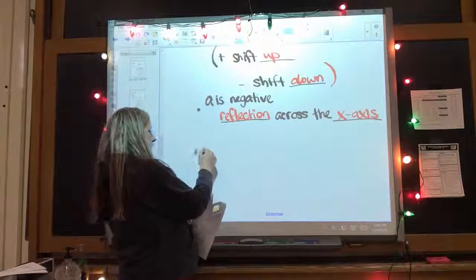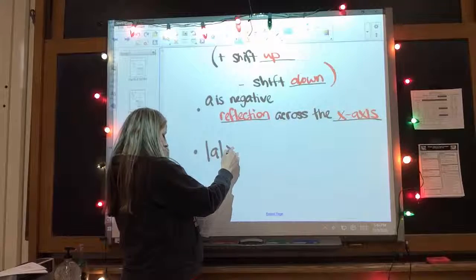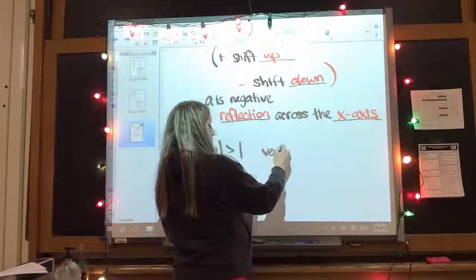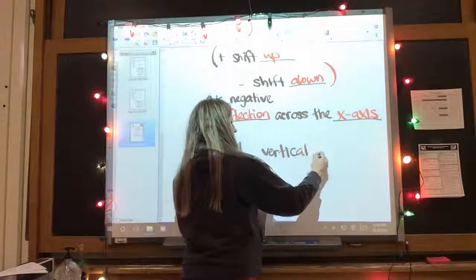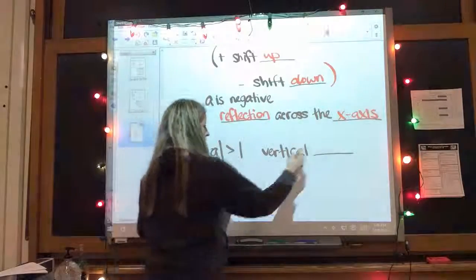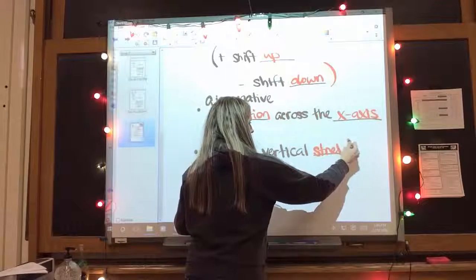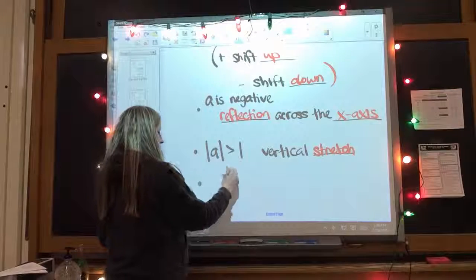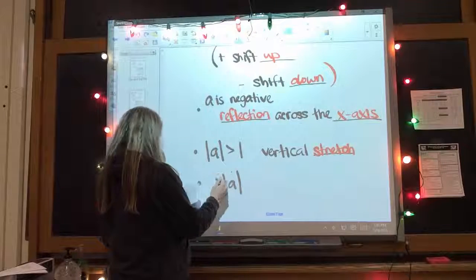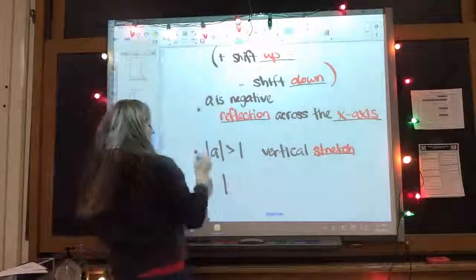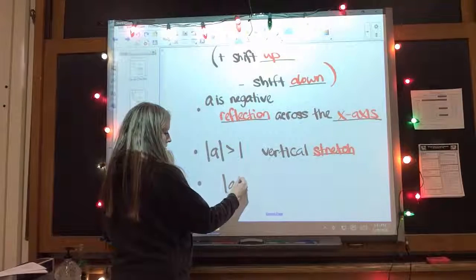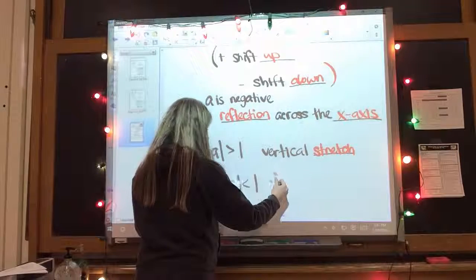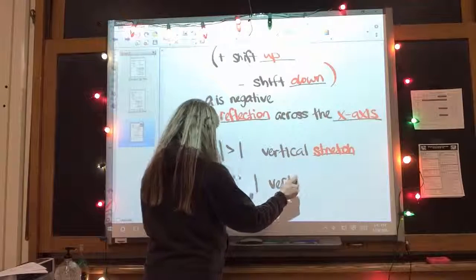Okay, next one, when the absolute value of a is greater than 1, it's going to give you a vertical stretch. And when a is between 0 and 1, it's going to give you a vertical compression.